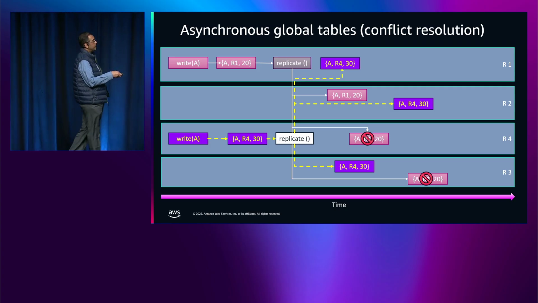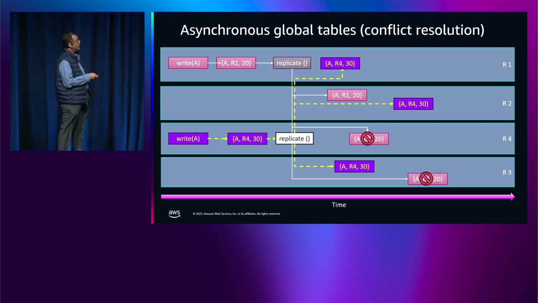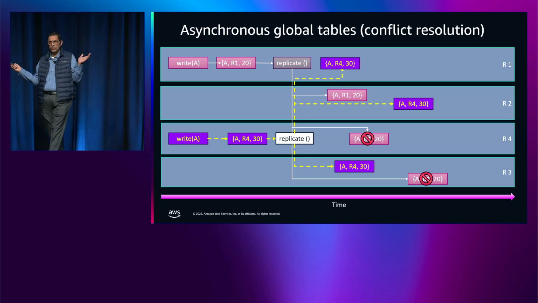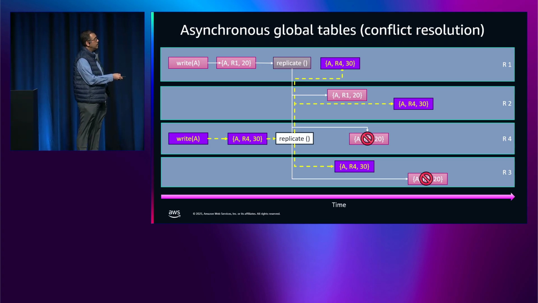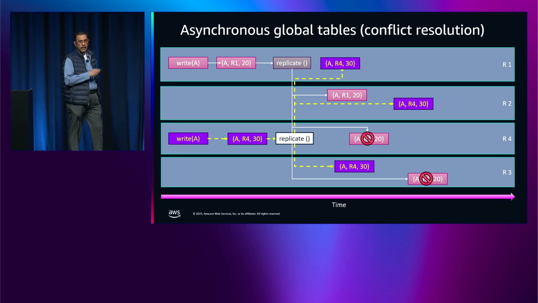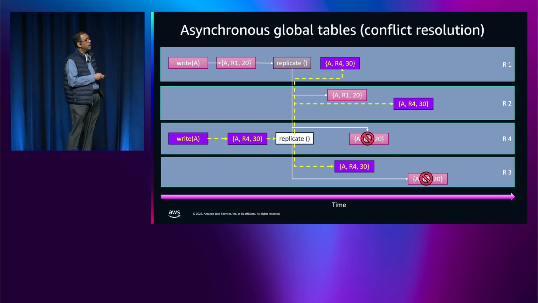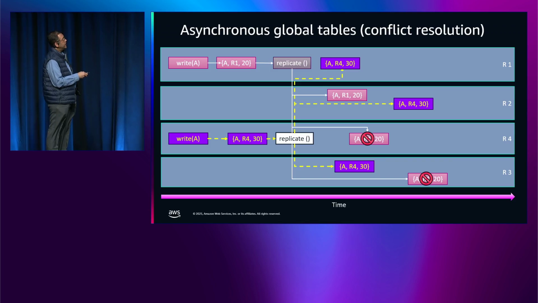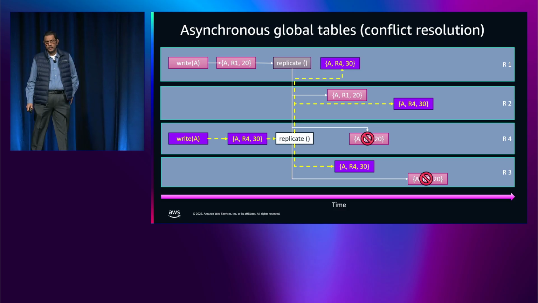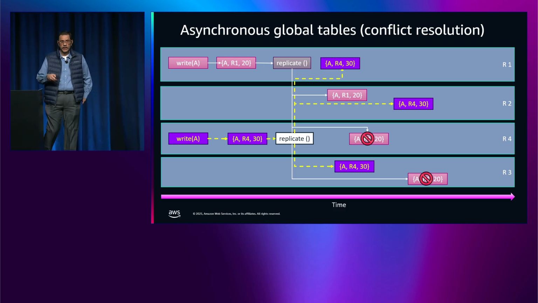Take a look at what happens here. You performed a write at time 30. The replicator sent down something at time 20. We dropped it. Same thing here. The replicator came down here with 20, it dropped it. An important consequence of this is that in region 1, you will see a streams notification for this and a streams notification for this if you're building an application using DynamoDB streams.